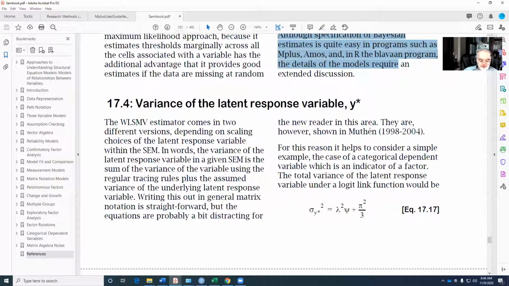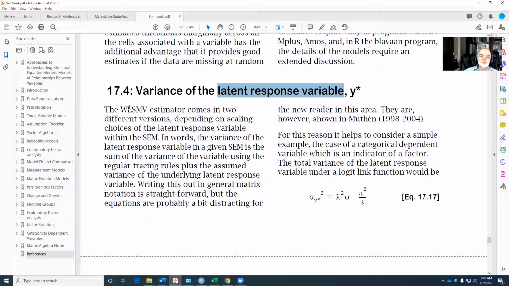I realize this is sledding through a lot of details, but let's talk about the variance of the latent response variable. The WLSMV estimator comes in two versions, depending on the scaling choices of your response variable. The reason I'm going into this is that when you look at a lavaan or an Mplus program, you're not going to be able to immediately take a look at the mean and variance of the latent response variable.